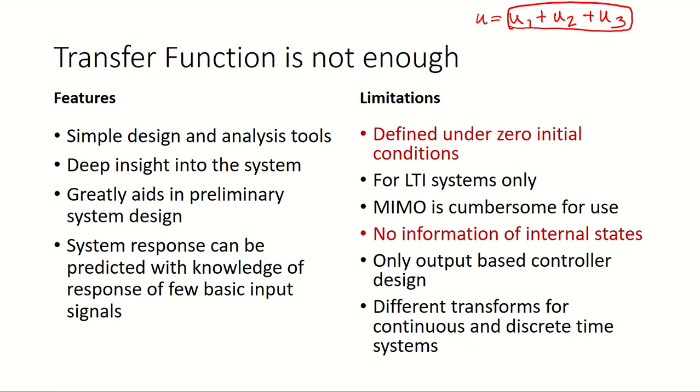Maybe u1 is a sinusoidal signal, u2 maybe a square wave or a step input, u3 maybe a ramp input or an impulse. An impulse is not generally a practical signal, so these three are some of the practical signals. So this u may be a combination of these, and there can be several other such signals also.